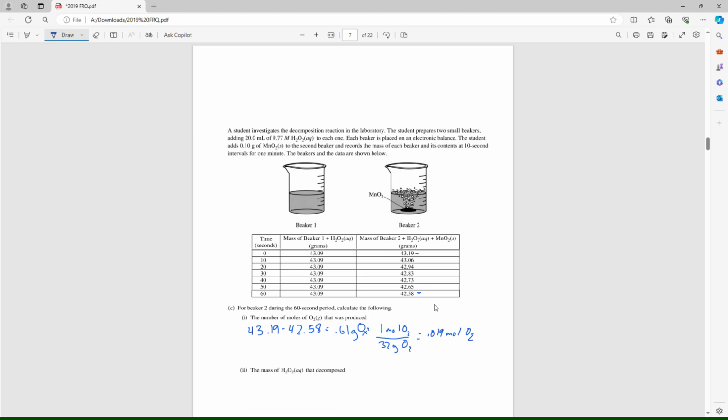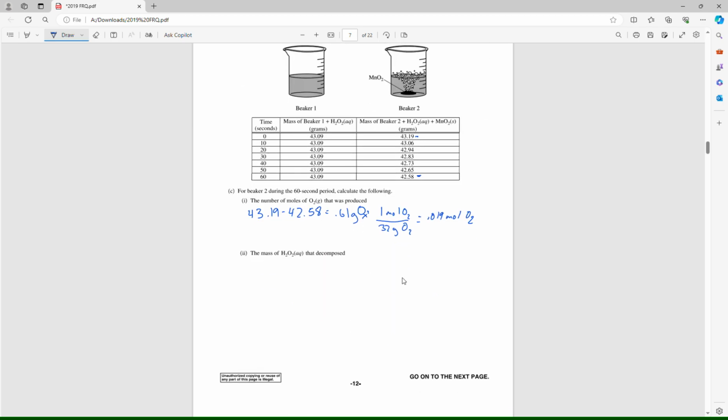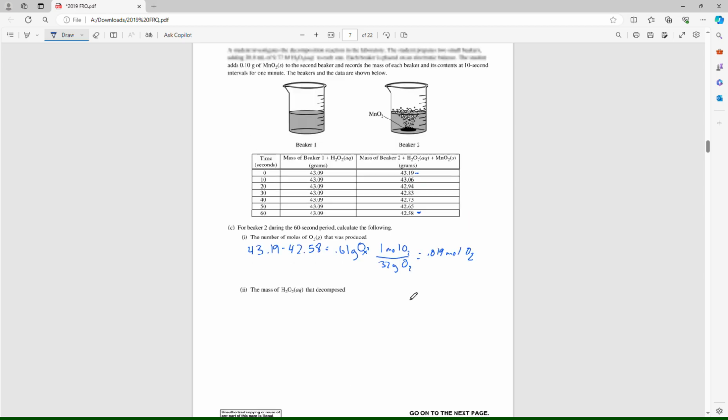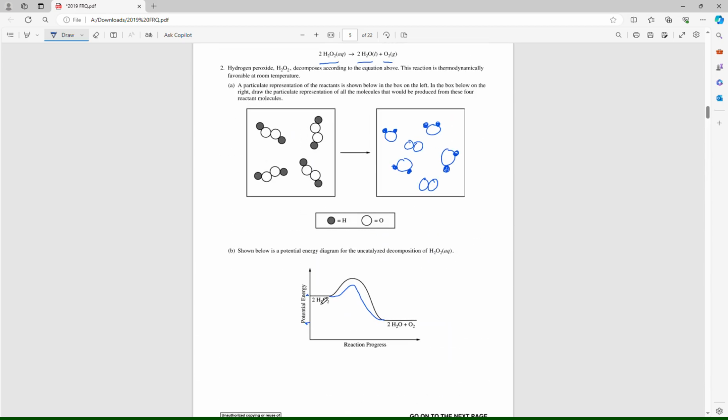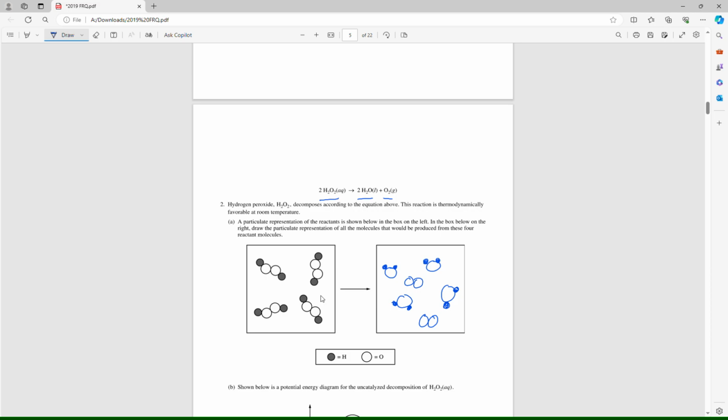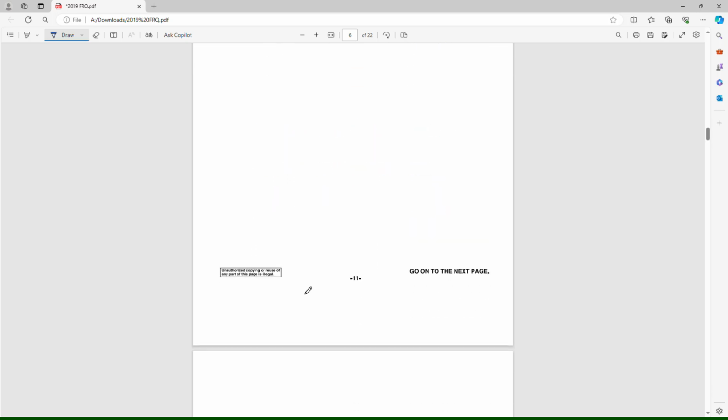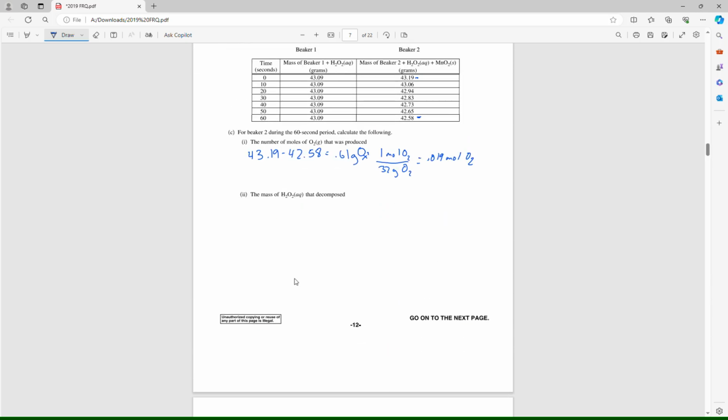Now it wants to know the mass of H2O2 that decomposed. How convenient that it gave us first the moles of O2, and now we have to find the mass of H2O2 that decomposed. Let's real quick check our balanced equation. For every 1 O2, there's 2 H2O2s. First we'll start with our starting value, which was 0.019 mole O2.